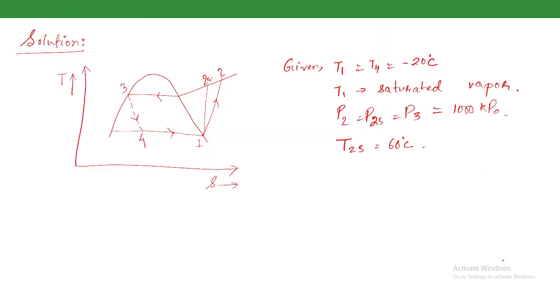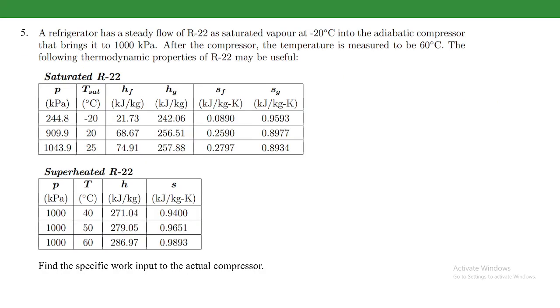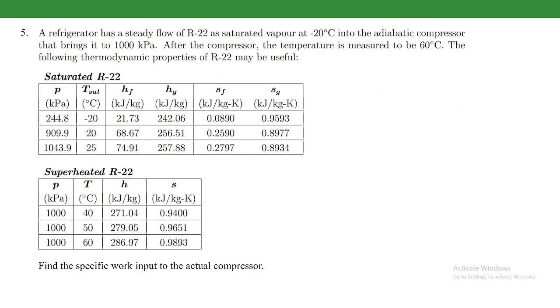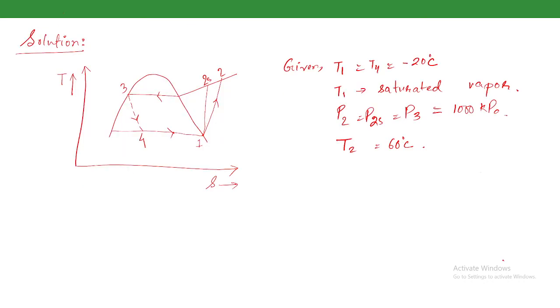The actual compressor is up to 2. So the temperature is measured in the actual compressor itself. If you are measuring the temperature at the exit of the compressor, then it will be an actual compressor only, right? So at the exit of the actual compressor, the temperature is 60 degrees Celsius, that is T2 is 60 degrees Celsius, and we have to find the specific work input to the actual compressor.